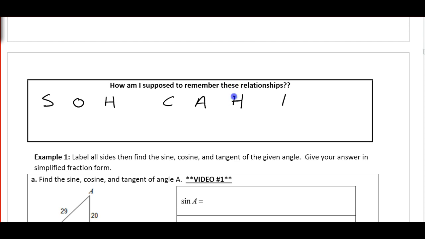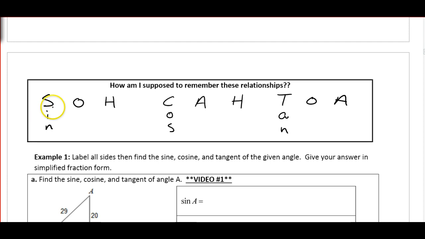The S stands for sine, the C stands for cosine, and the T stands for tangent. So you've got to remember SOHCAHTOA.